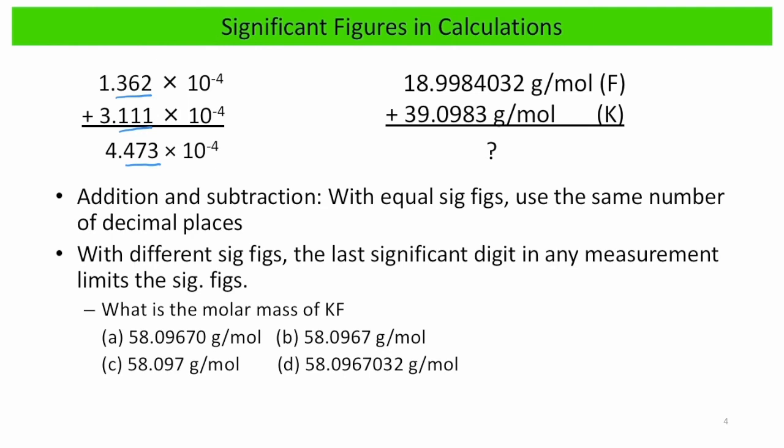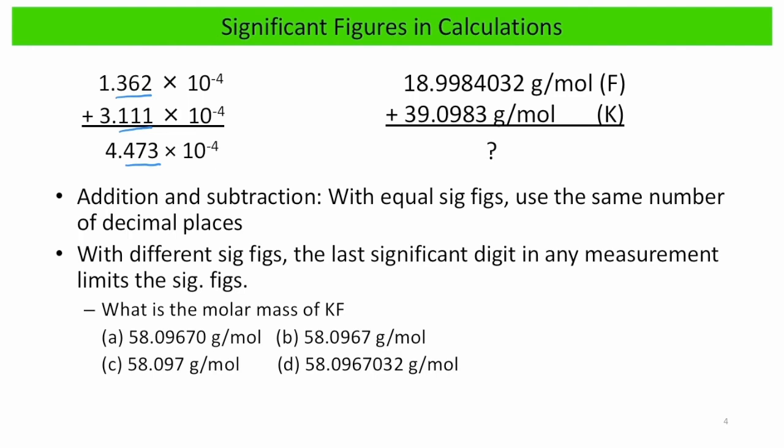Okay, so now let's look at this example on the right. It's asking you what is the molar mass of potassium fluoride, or KF, right? And it's giving you the molar mass of fluorine, which has a lot of significant digits, the molar mass of potassium, which also has a lot of significant digits, but fewer than fluorine.